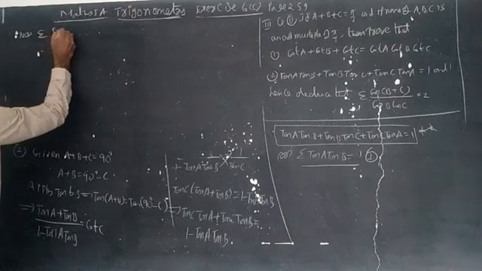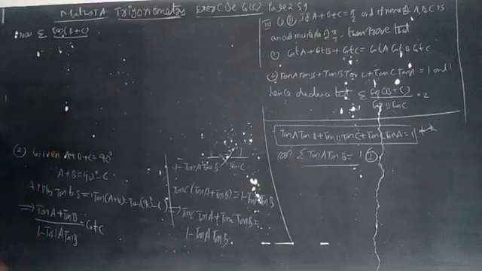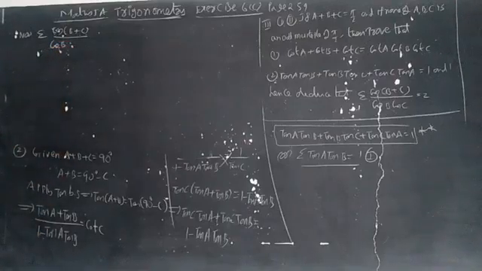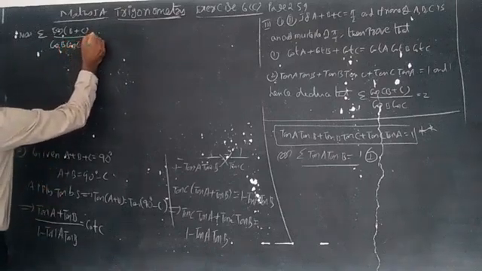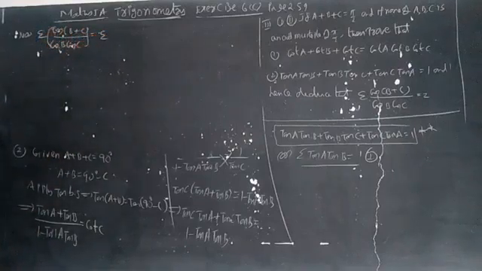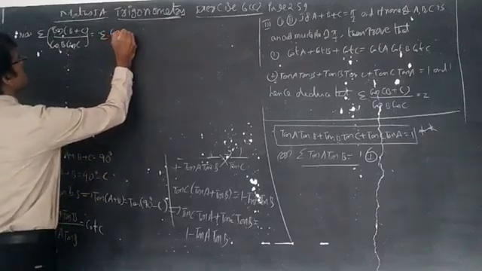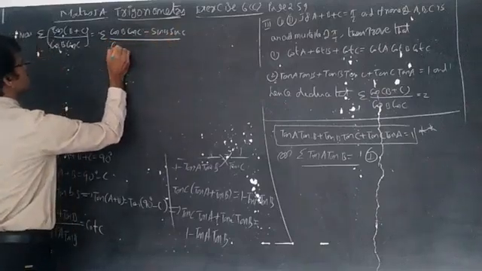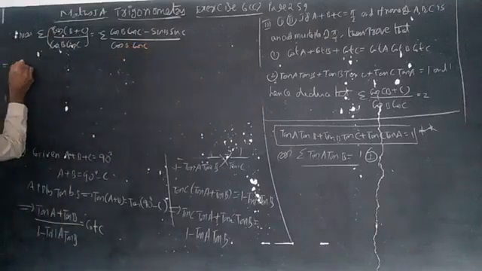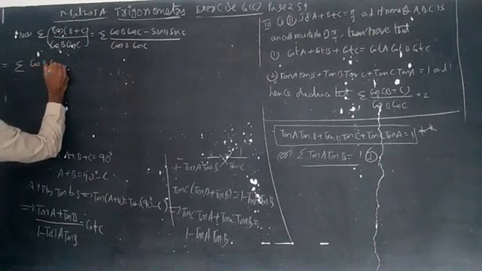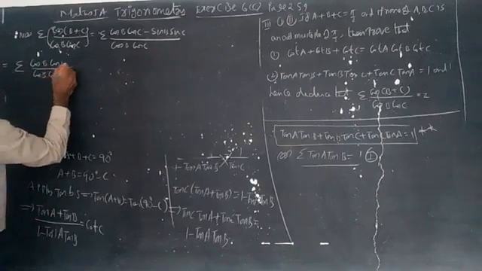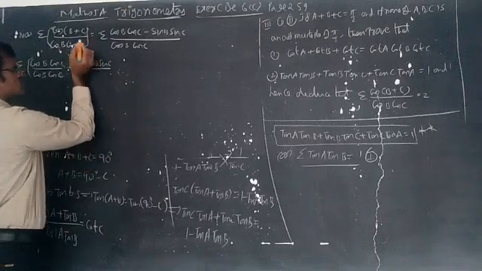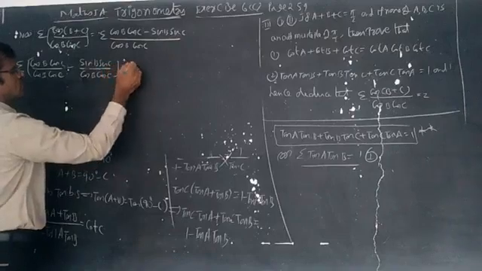Now sigma cos of B plus C by cos B cos C. Expand this one, cos of B plus C formula: cos B cos C minus sin B sin C by cos B cos C. Write separately: cos B cos C by cos B cos C minus sin B sin C by cos B cos C. This gets cancelled.